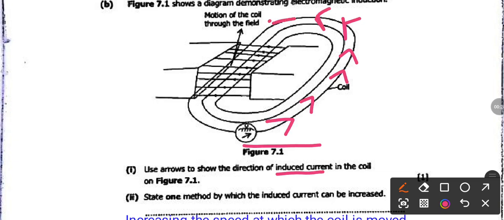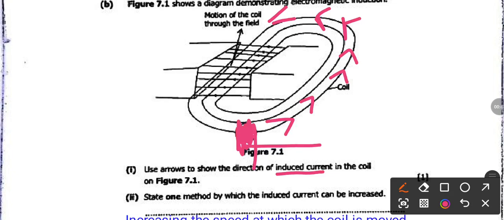So instead of using Fleming's right hand rule, you can also use this observation. But Fleming's right hand rule is very important because there are some instances in which you are not given this galvanometer, so you should know it by heart.